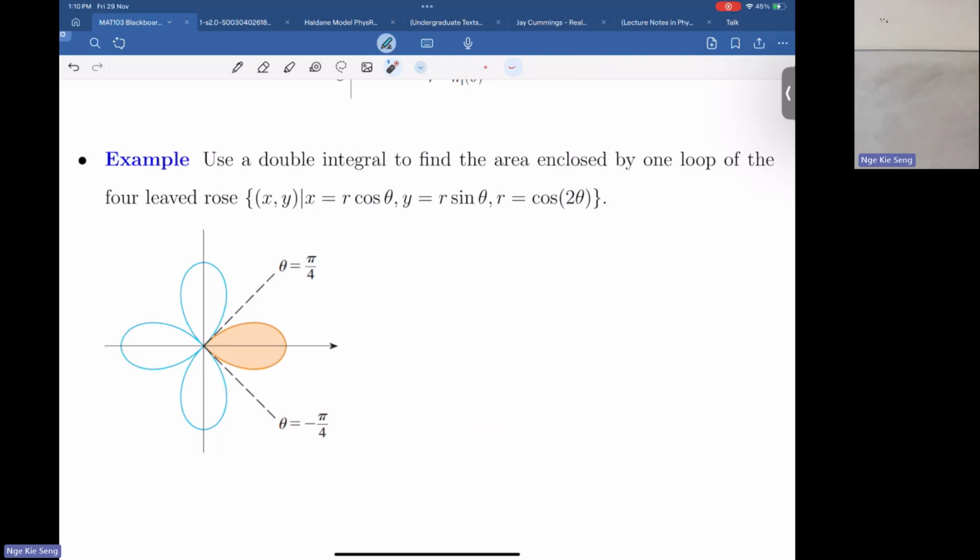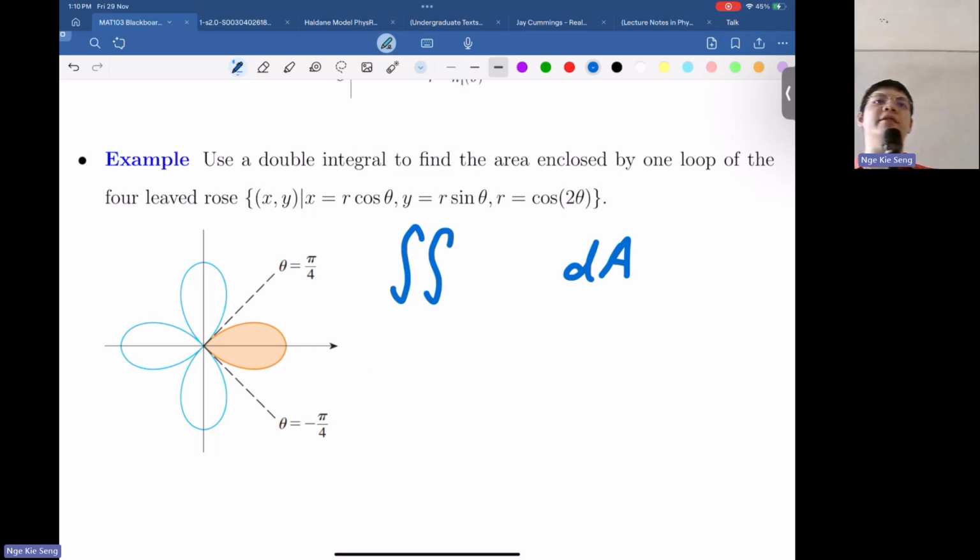So what function should you integrate over? We just discussed this in the morning, right? 1, very good. So 1 over the area that you want to find, the domain D here.